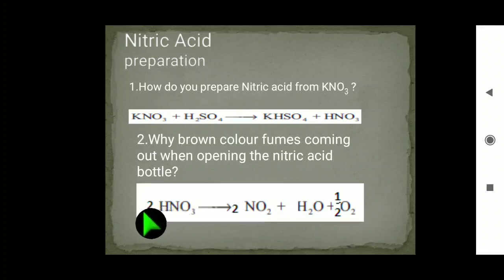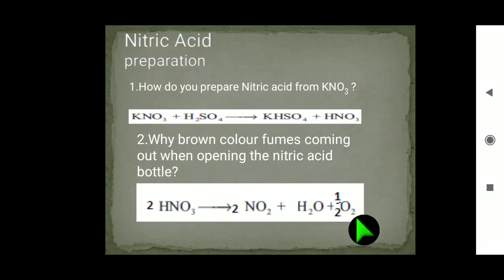Left side oxygen 2 into 3 is 6, here 2 into 2 is 4, here 1 is 5. When I give 1/2 O2, the 2 cancels, so 1 oxygen is there, so 6 oxygens. Oxygens are balanced, nitrogen balanced, hydrogen 2 on the left side, 2 on the right side also, so everything is balanced.